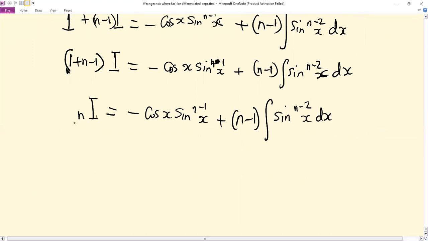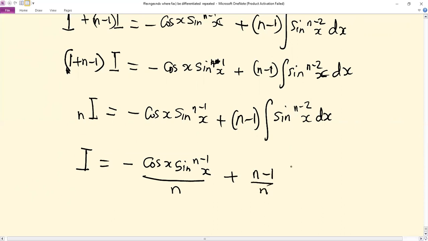To get I alone, I divide through by n: minus cos x sine n minus 1 x divided by n plus n minus 1 over n times the integral of sine n minus 2 x dx.